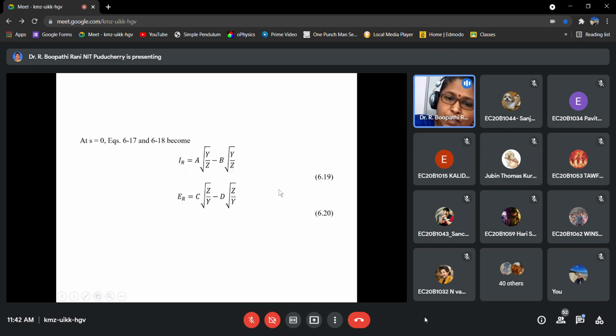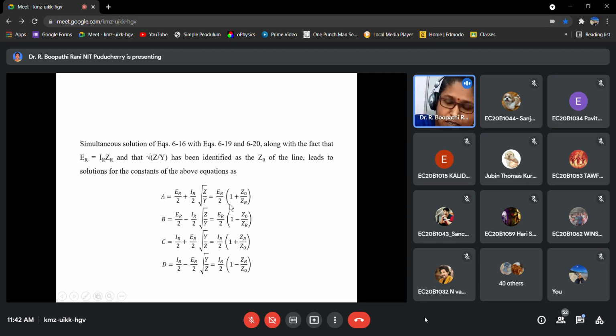You people work this out and check whether you are able to get these results. You may get some other form also, and we cannot say that is wrong.